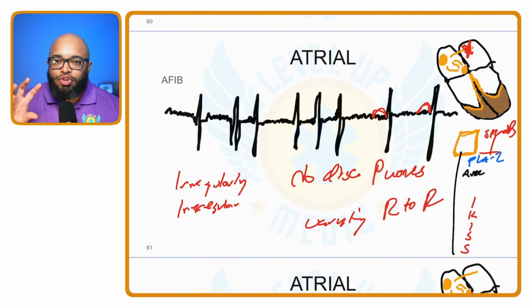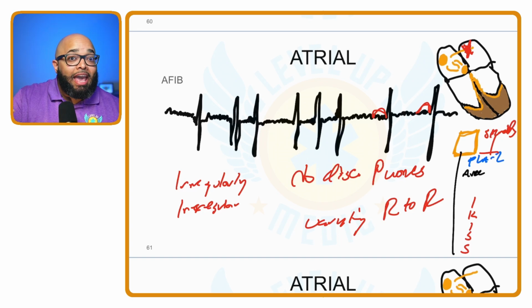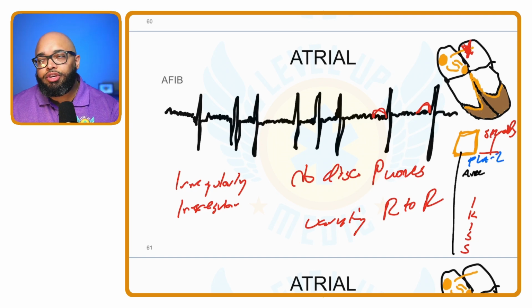If we have too much sympathetic activity, too much conversion of ATP to cAMP with adenylyl cyclase, too much of that sympathetic and beta activity, we need to counteract that with a beta blocker, for instance. So for rate control for a-fib, we could use a beta blocker. We could use a calcium channel blocker.